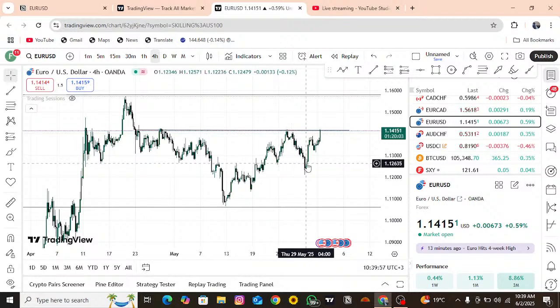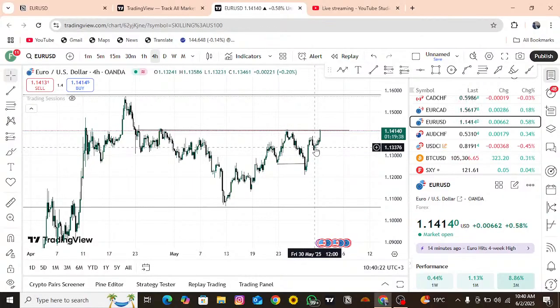This inducement here was inducing sellers, I guess. So some sellers were induced into selling here. Get the point: some sellers were induced into thinking the market has shifted completely. They placed their orders here and clearly you see the market came and took them out.